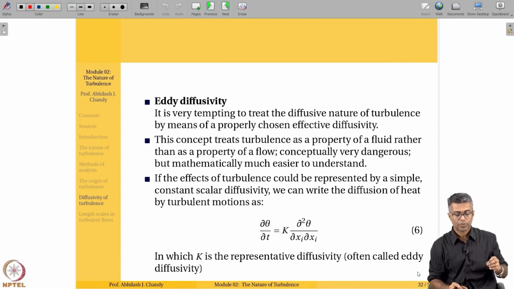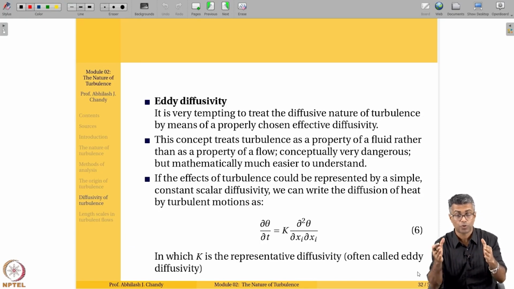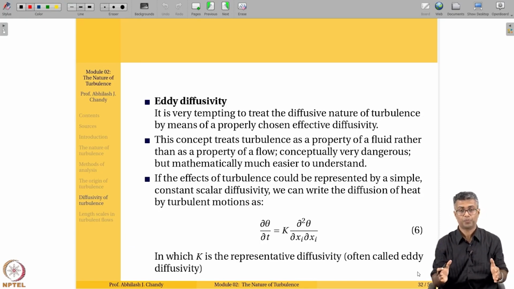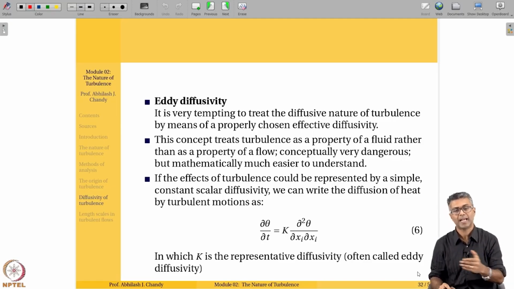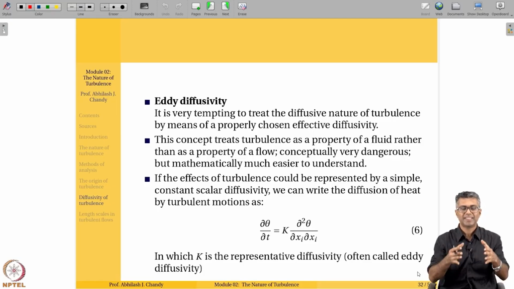Now, when we considered the room case without airflow, so only molecular diffusion, we could represent the entire heat transport through one single equation, say the heat transport equation. And that was del theta del t is gamma del squared theta del xi del xi. So one would be very tempted to treat the diffusive nature of turbulence also through such an equation.